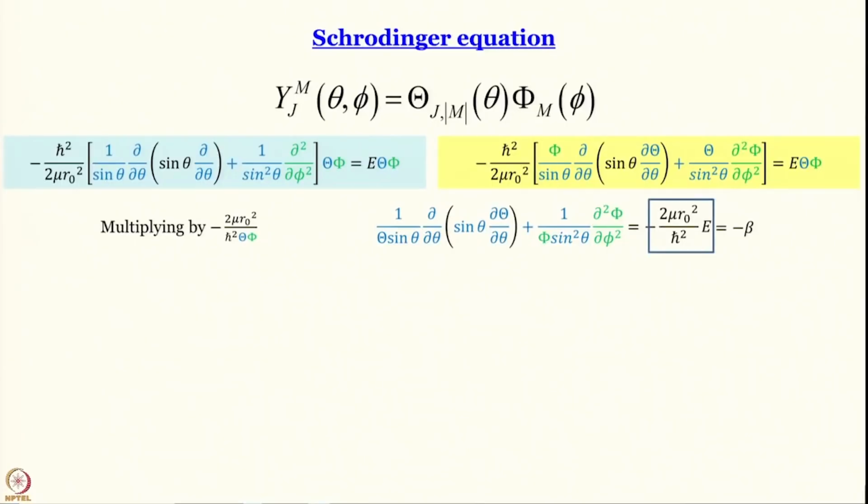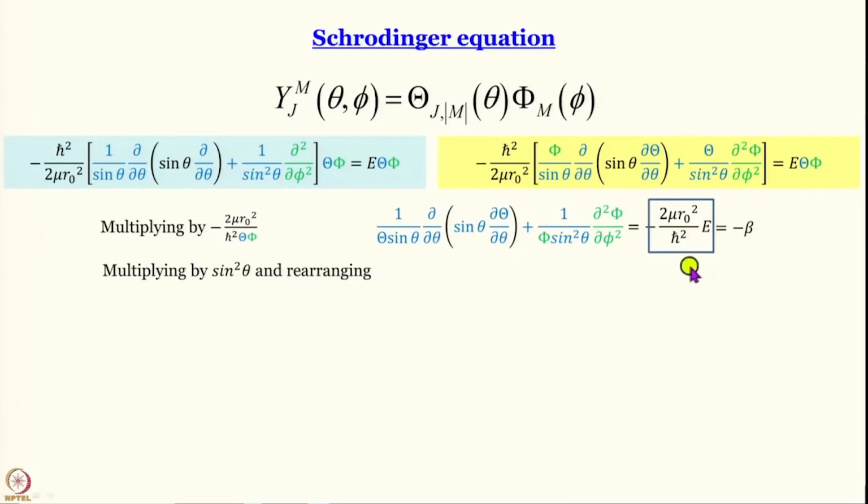So, what do we do? We multiply by sin square theta and then we can rearrange, right, because once we multiply by sin square theta, the first term becomes sin theta by capital theta d d theta of sin theta d theta d theta. Second term becomes 1 by capital phi d2 capital phi d phi 2. So, nothing in theta anymore.